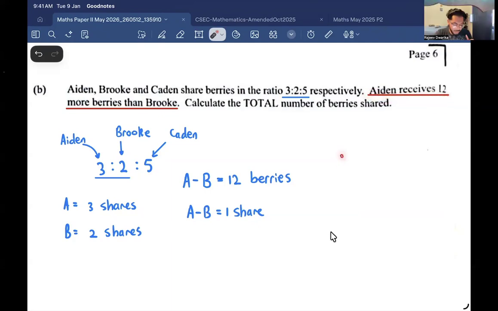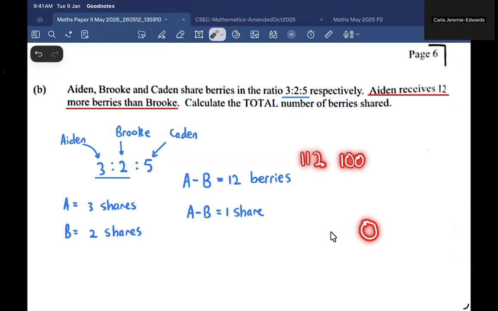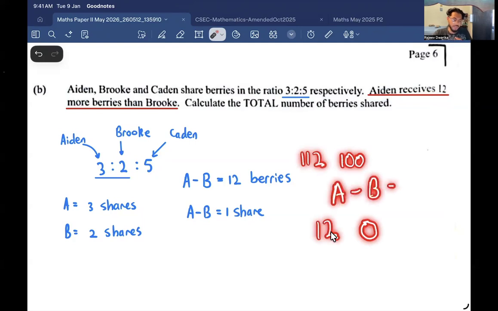So let me just say Brooke had 100 berries. How much would Eden have? Eden would have 112. Exactly. If Brooke had 0 berries, how much would Eden have? Eden would have 12. Exactly. So what I'm trying to say is the difference between the amount of berries Eden has and Brooke has will always be what? 12 more than Brooke.